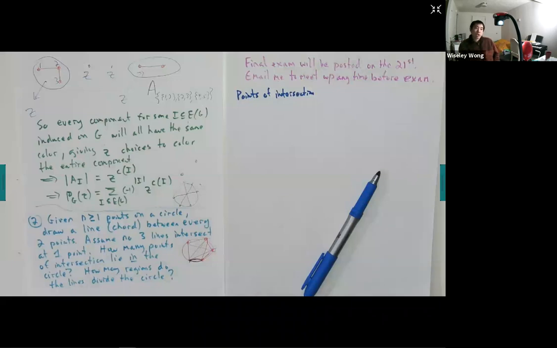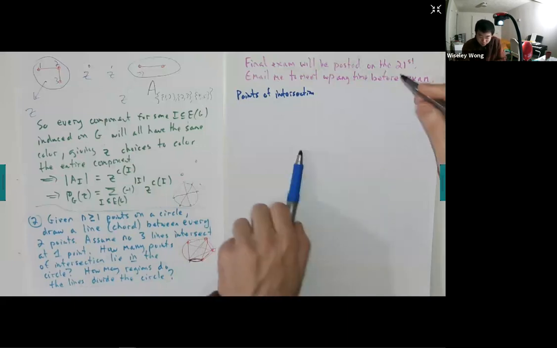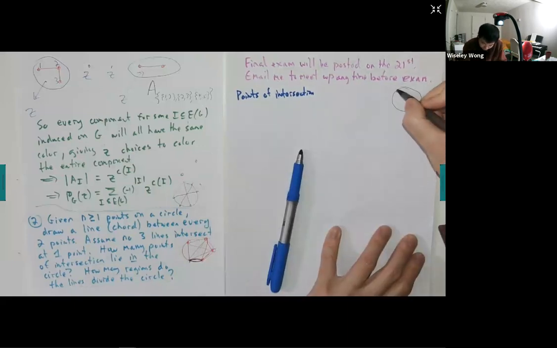Just geometrically looking at how this is done, the points of intersection is a pretty straightforward question, as long as you visually see what's happening. Usually we just say chord, because everything lying out here for the line is irrelevant. We're just looking at what happens inside.